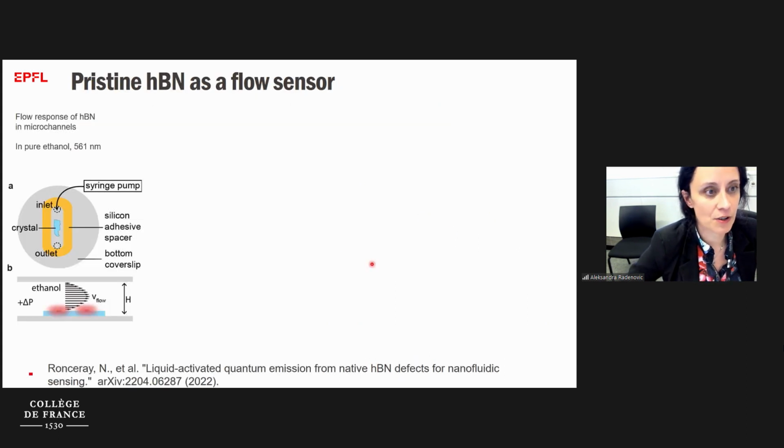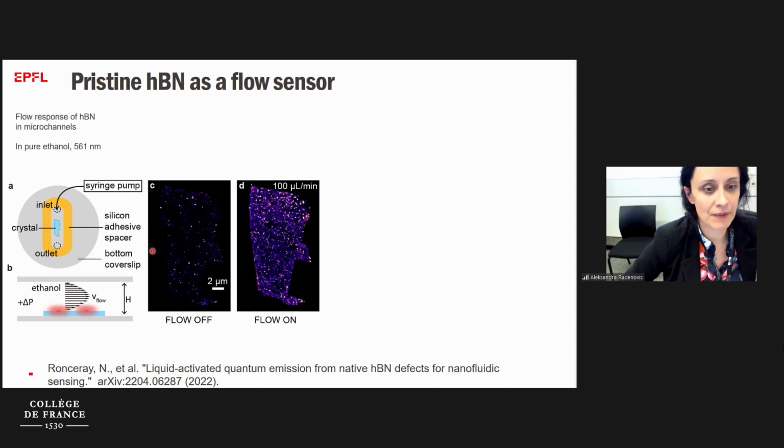What is also interesting from a nanofluidics perspective is that we thought, okay, this system is obviously a very nice sensor. Can we use it for flow measurements in a very simple geometry that we also established? So we placed our crystal and sandwiched it in a not nanofluidic, but in this case microfluidic environment.